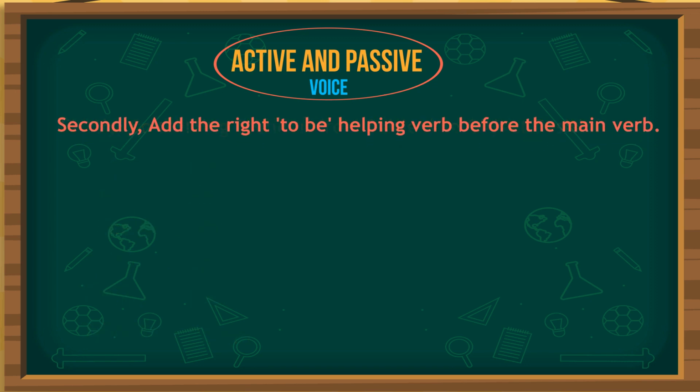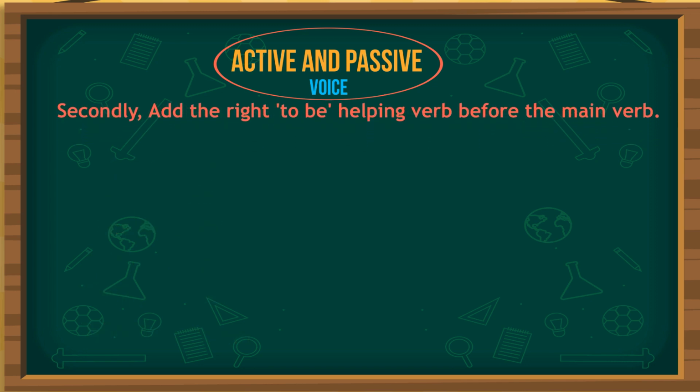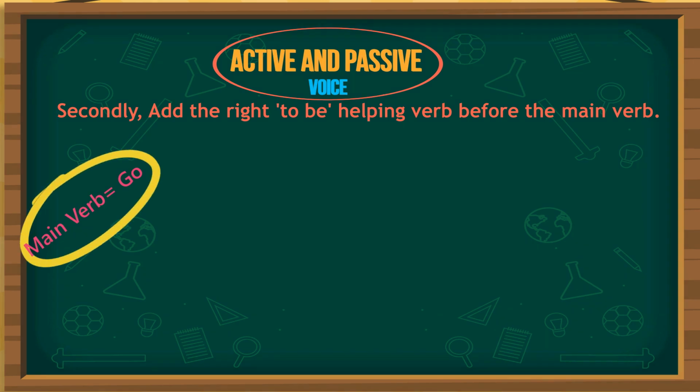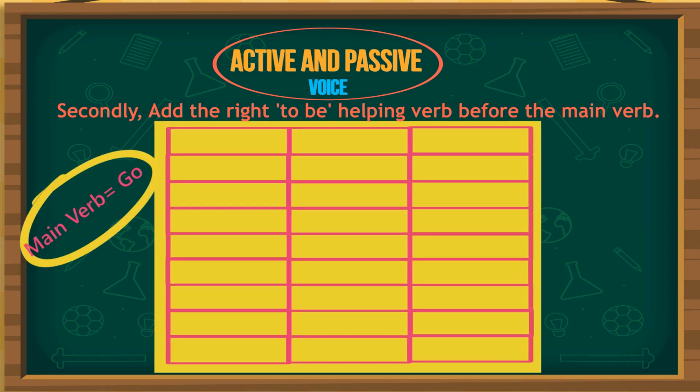Secondly, we need to add the proper helping verb of to be before the main verb. This helping verb is decided based on the tenses. Let's explore this with an example using the main verb go. Now, let's look into the different helping verbs as per the tenses one by one, which we need to learn.